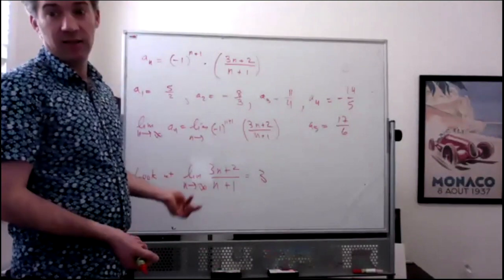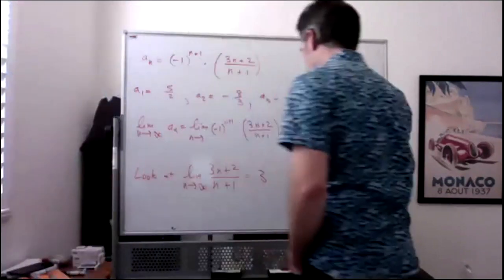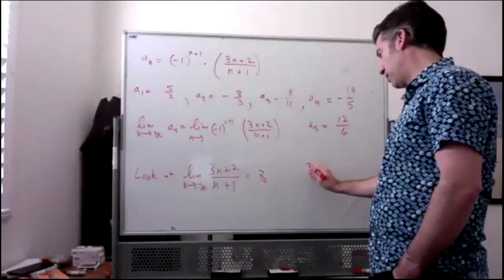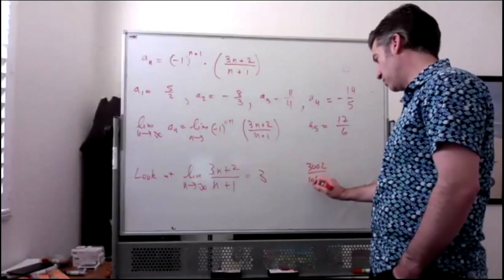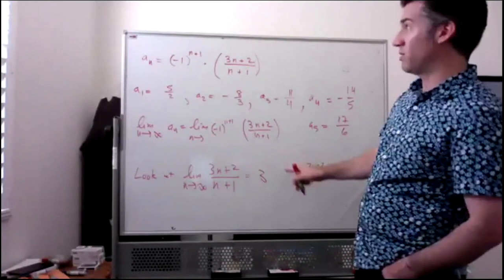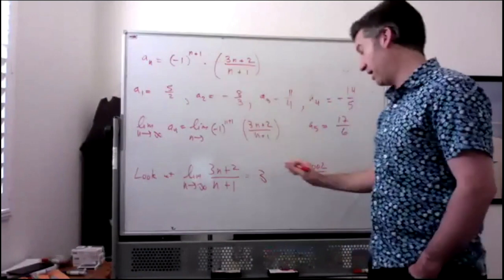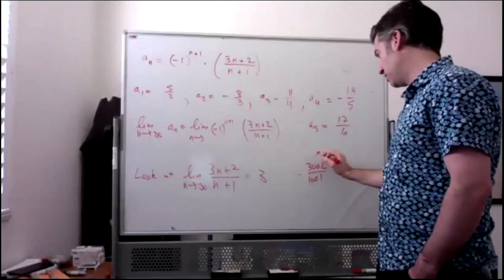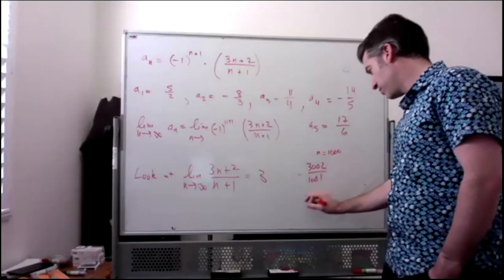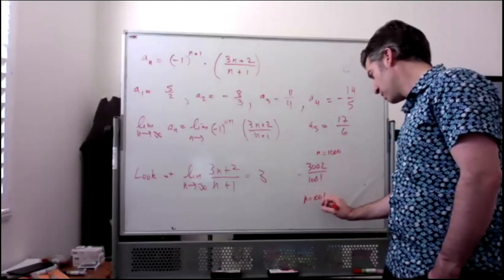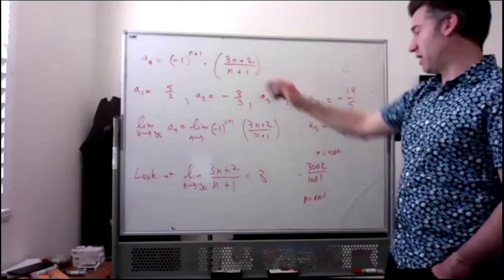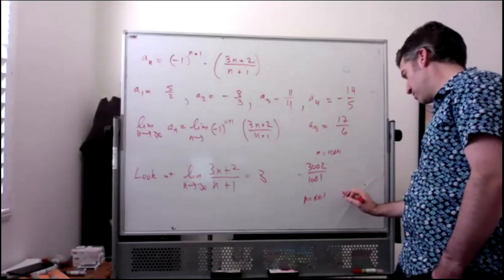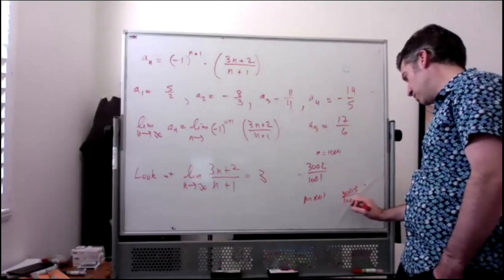So when n is 1,000, we get 3,002 over 1,001. It's actually when n is 1,000 that we get negative that. When n is 1,001, we get 3,005 over 1,002.